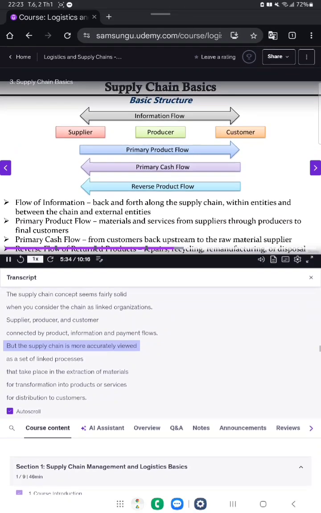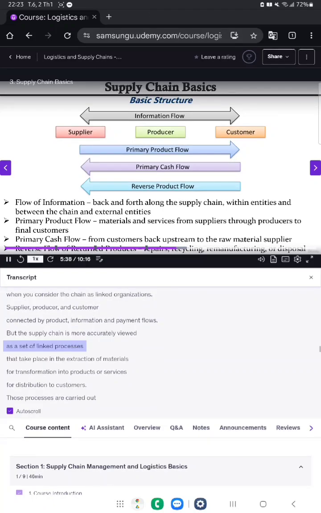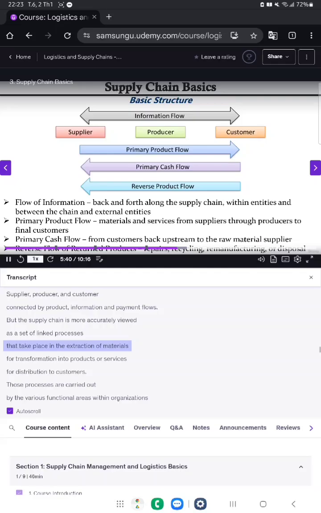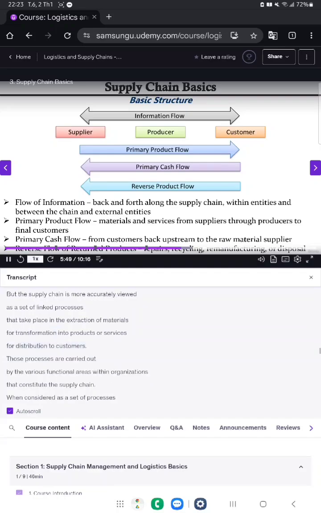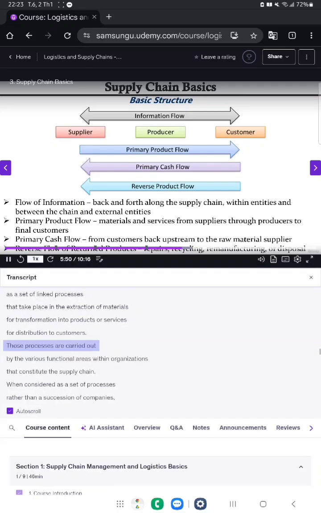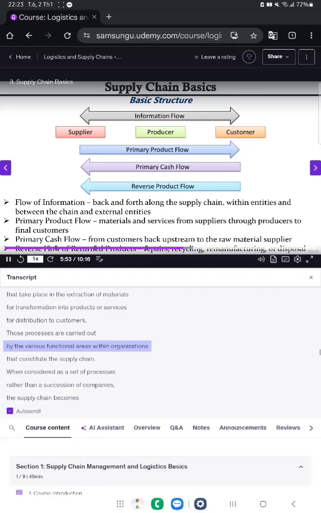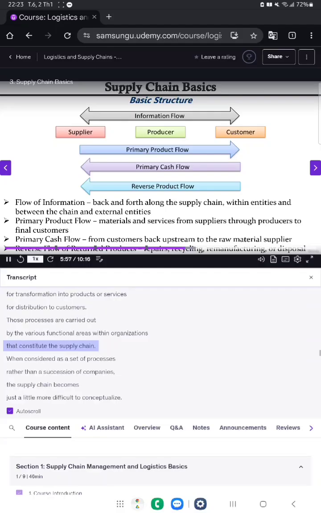But the supply chain is more accurately viewed as a set of linked processes that take place in the extraction of materials for transformation into products or services for distribution to customers. Those processes are carried out by the various functional areas within organizations that constitute the supply chain.